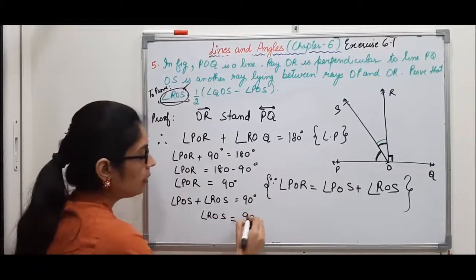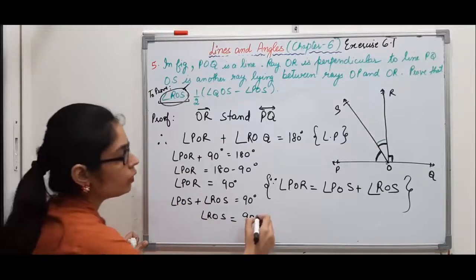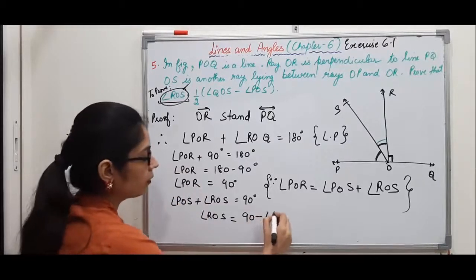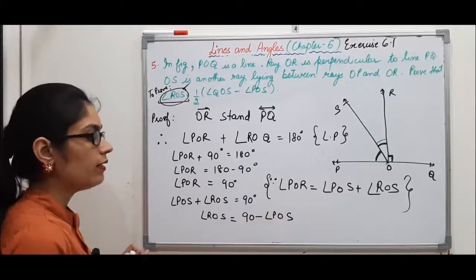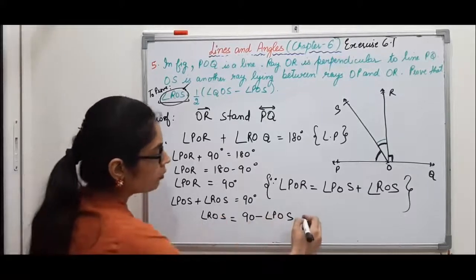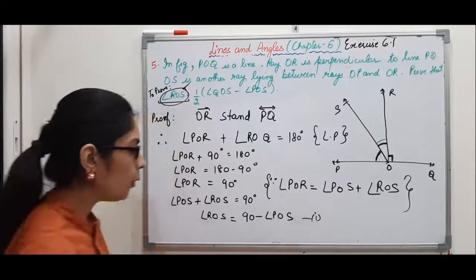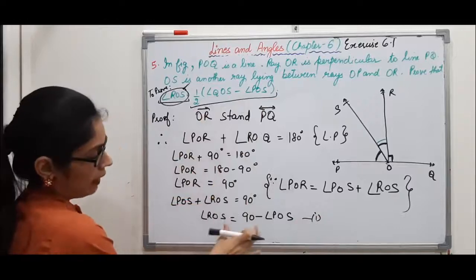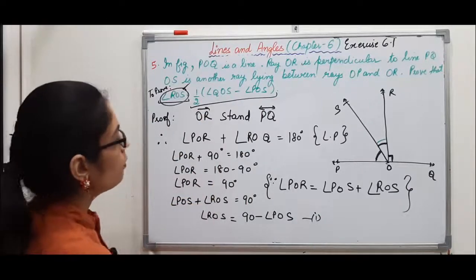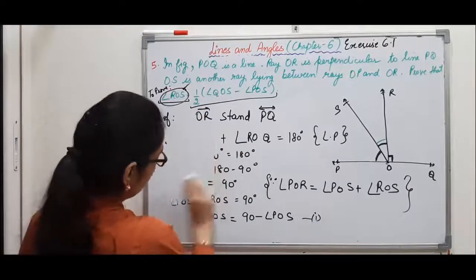So 90, this is getting added on this side, so on changing the side it will get subtracted, because addition is changed into subtraction on changing the side. So we got the value of ROS. So let's mark it as equation 1, because we need something like this, and here we have got this.